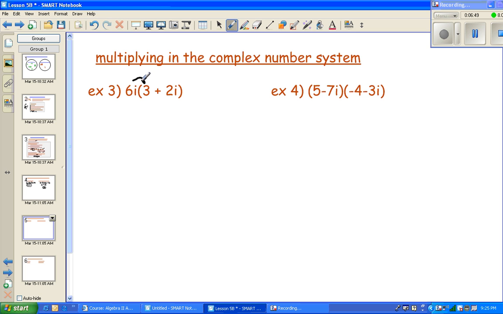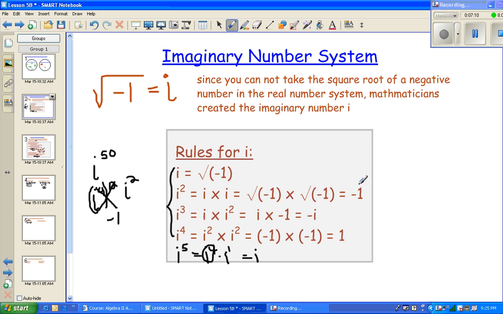Multiplying, since you can only FOIL a binomial times a binomial, this would just be the distribution. So we have 6 times 3 is 18i. And then you have 6i and 2i give you 12i squared. Remember from the first screen that i squared is equivalent to negative 1.